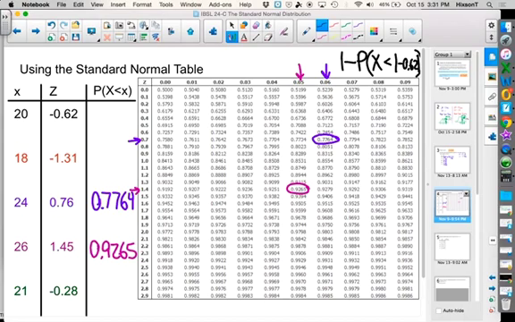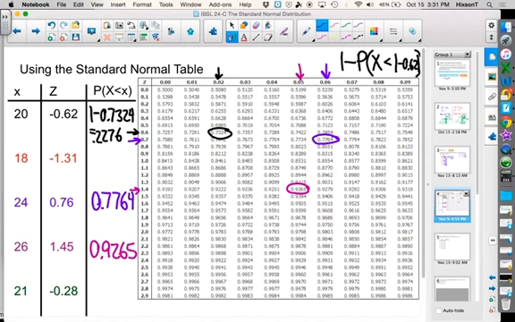In other words, look at the positive value. So here's 0.6, and here's the 0.02. So here's the percentage we're dealing with, 0.7324. But we're going to take the complement of that. So 1 minus 0.7324. Okay? So that'll be 0.2676. Okay? Does that make sense?